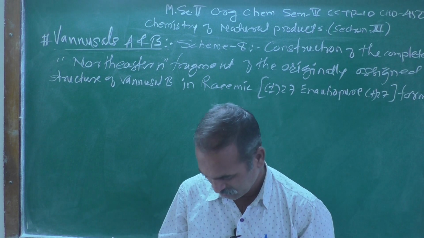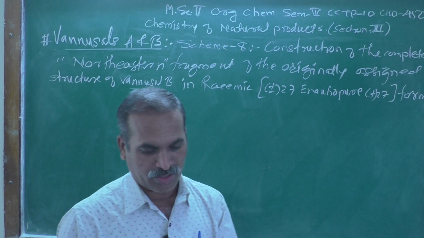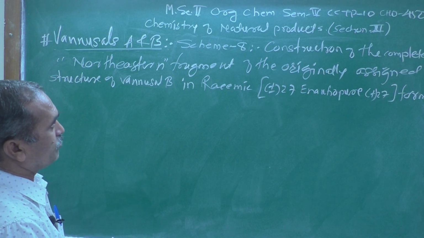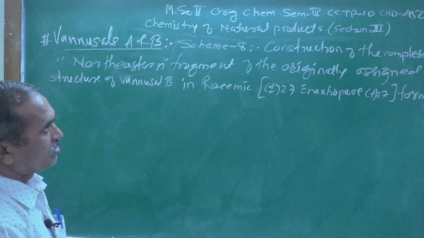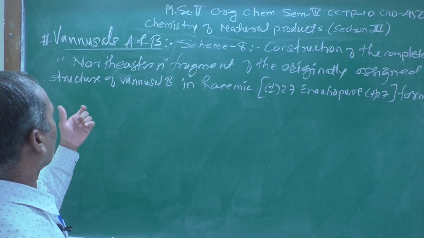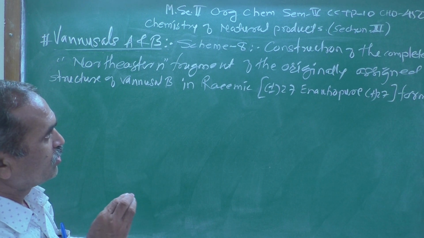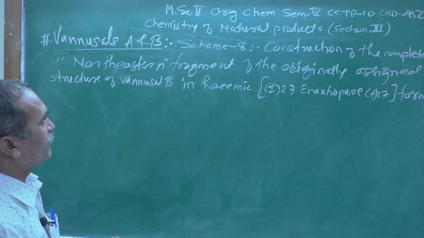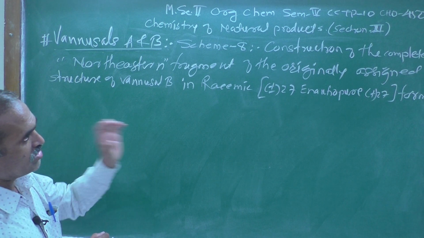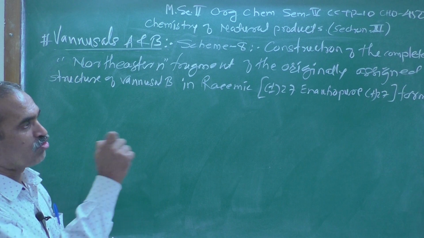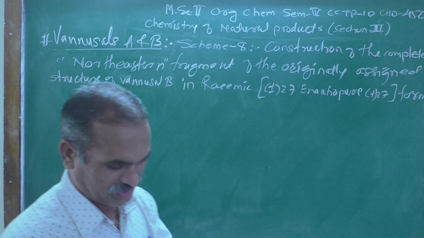Today, look here: the next scheme, scheme number 8, construction of the completed northeastern fragment of the originally assigned structure of Vanusol B in racemic, that is plus-minus 27, and enantiomer plus 27 forms.